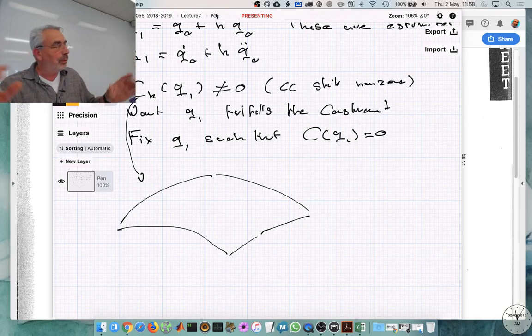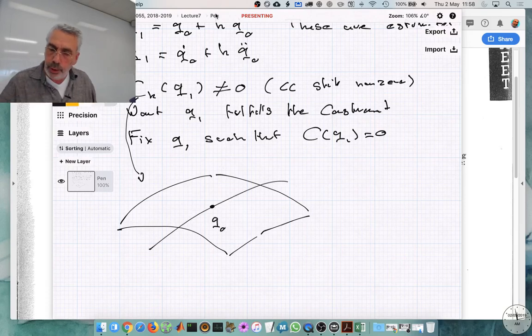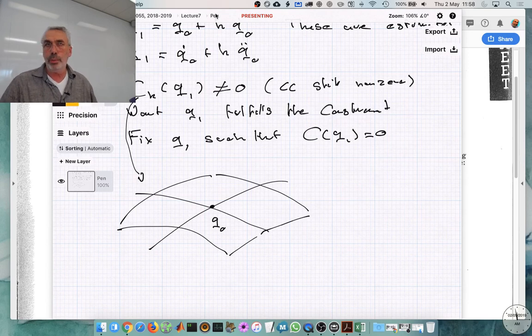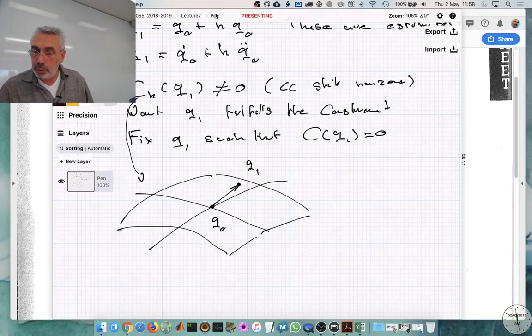So the Earth's surface is usually curved. And we start from some solution here, Q0, which is perfectly okay. It's nicely on, we are on Earth, no problem. Then we integrate, and then we see, oh yeah, the Q1 is here by some numerical integration method. And Q1 is not on the constrained surface. So this is what we call the constrained surface.